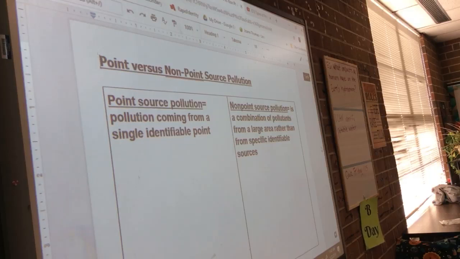And that reading included information about point and non-point sources of pollution. I've given you the definitions up on the board. Your job right now is going to be to sort those 2 piles into point and non-point sources of pollution. I will tell you that you will not have an even number on both sides. Work together with your group and see how close you can get.